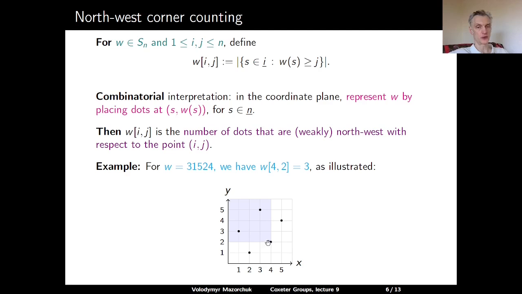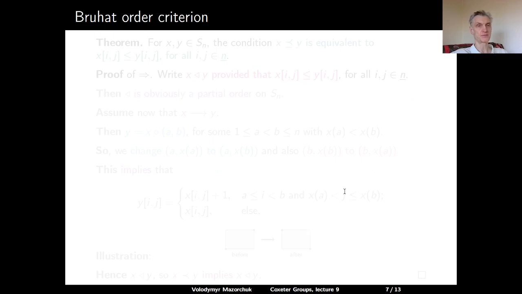So we take the point (4, 2), that's this point, and we look at all points in our plane which are weakly northwest, so upper or to the left with respect to our point. And there are 3 points in the graph which satisfy this condition. (4, 2) is one of them, and then we have (1, 3) and (3, 5). So this means that w(4, 2) is equal to 3.